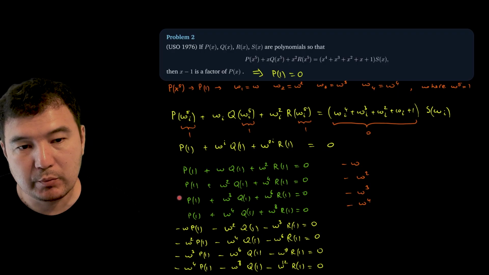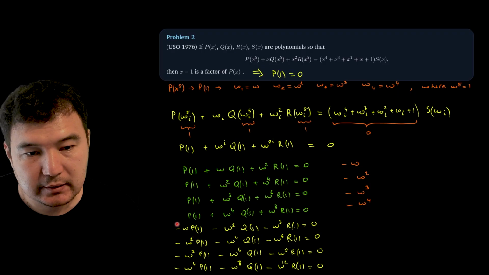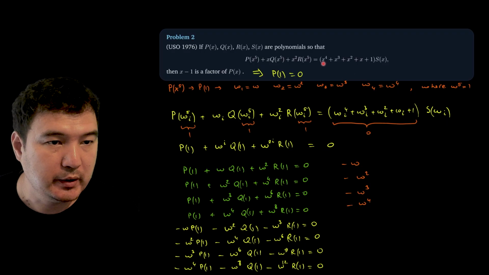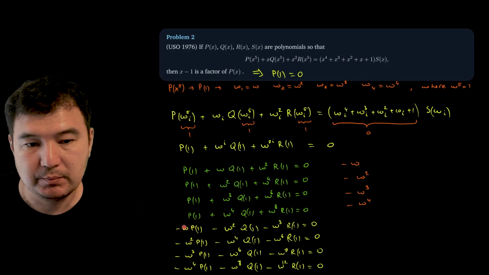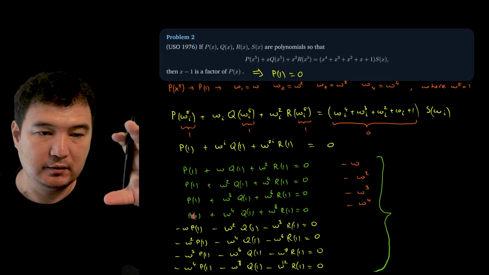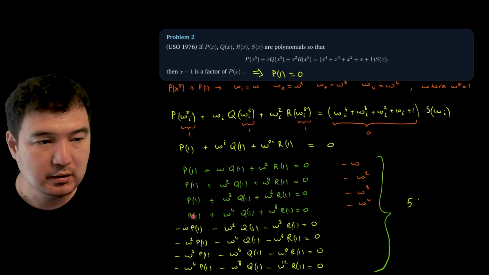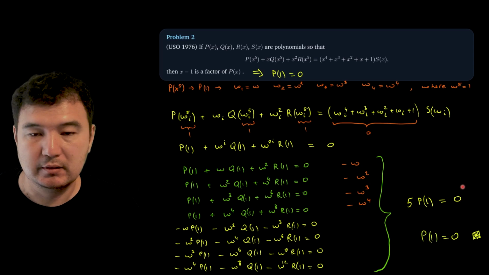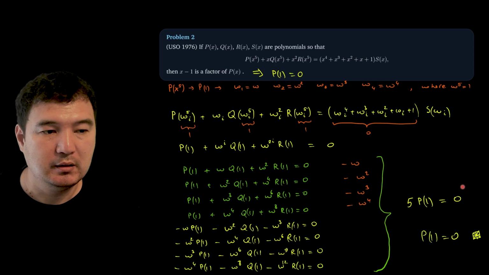We have 4 P1s here, and from this equation just 1 P1. So if you add the entire 8 equations together, we get 5 P1 is equal to 0, and that means P1 is 0.